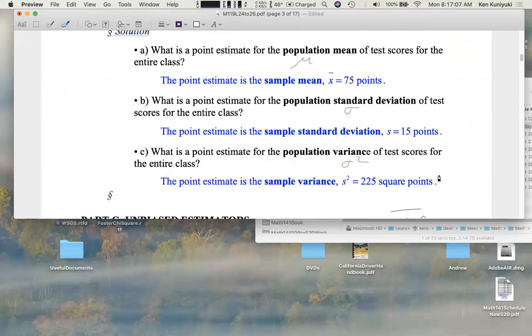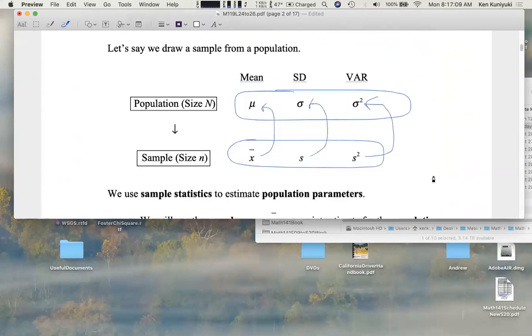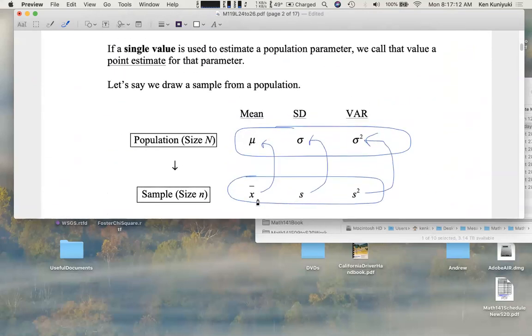Now, more generally, it turns out that X bar is an unbiased estimator for mu. S squared is an unbiased estimator for sigma squared. It actually turns out that S is technically not an unbiased estimator for sigma, but it's typically good enough, especially for large sample sizes. Things are better when the sample size is bigger.